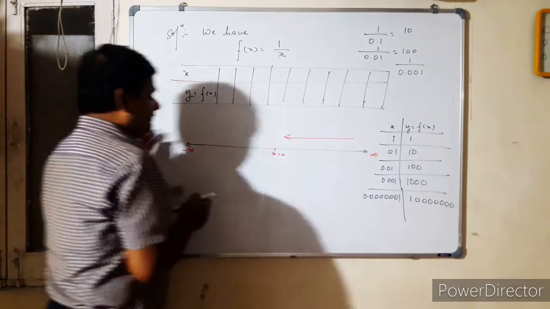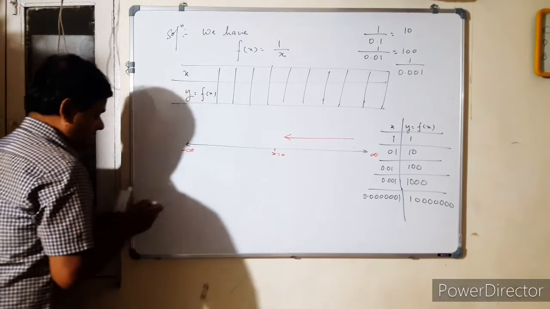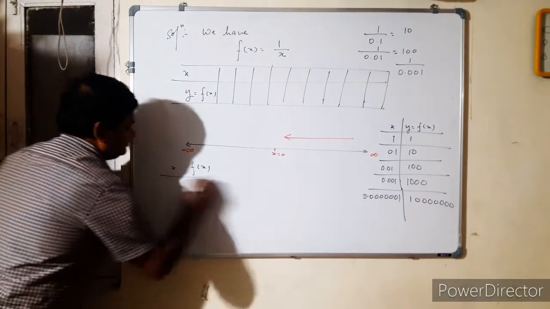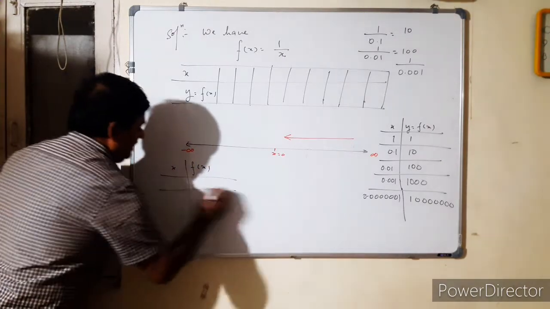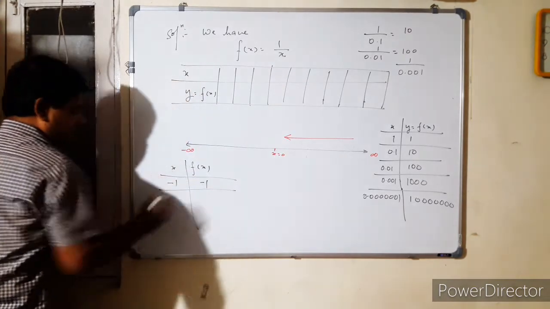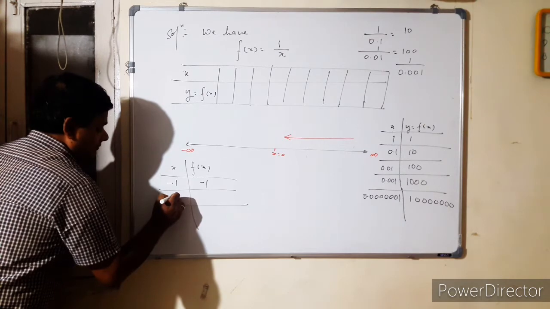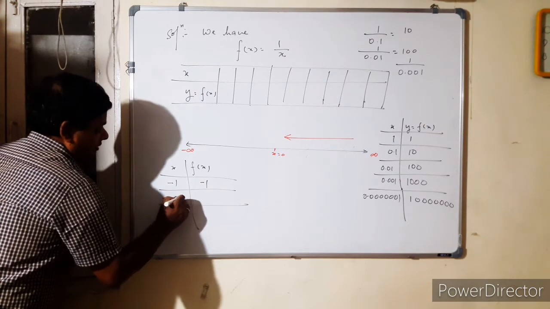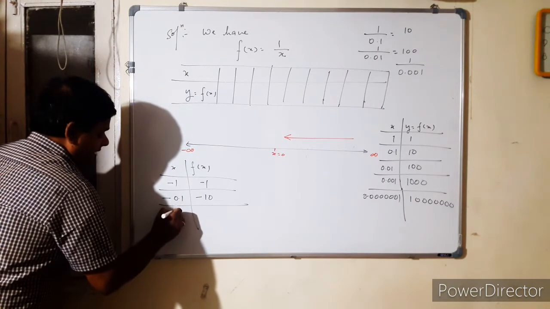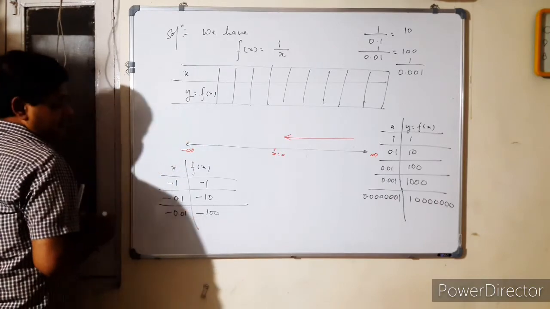Now from left to right, see here, if you take x and here fx, when x is equal to -1, fx is -1. If x is -0.1, it becomes -10. If you take -0.01, it becomes -100.